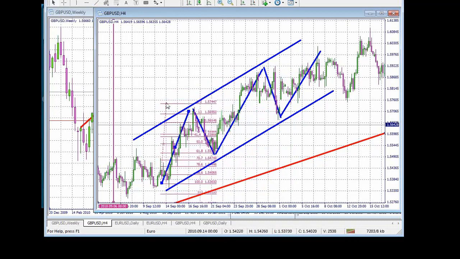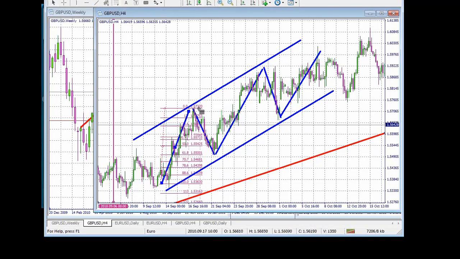Also, we can put the Fibonacci on the second wave and measure it as one proportional value from the second wave.